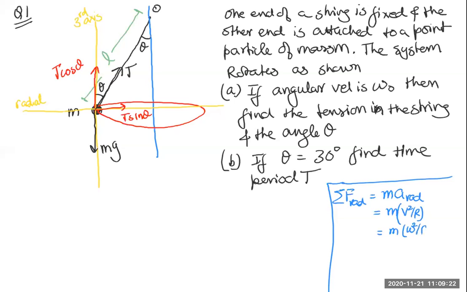So this can also be written as m into omega square r. उसके बाद से summation of f along the tangential axis must be 0. Summation of force along the third axis must also be 0. Right?